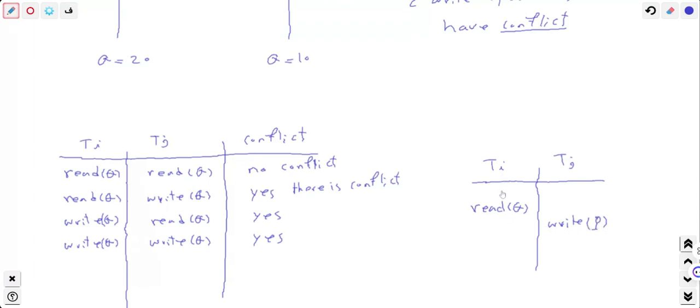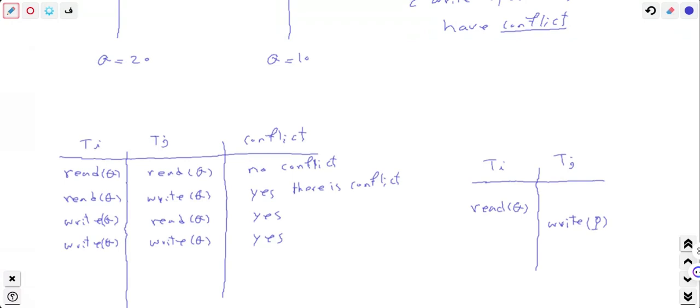When Ti works with Q and Tj works with P, is the order of execution important or not? Not important, because they do not affect each other. This transaction reads Q and that transaction writes P. There is no relation between these two data items, so the order of their execution is not important.